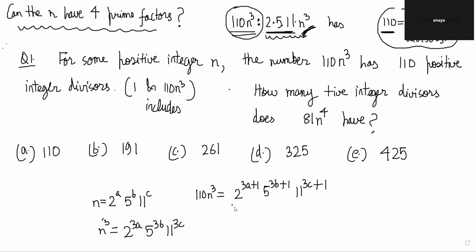What is the number of divisors for this number right now? The exponents are 3a plus 1, 3b plus 1, 3c plus 1, plus 1 more from the extra factor: 3a plus 2, 3b plus 2, 3c plus 2.